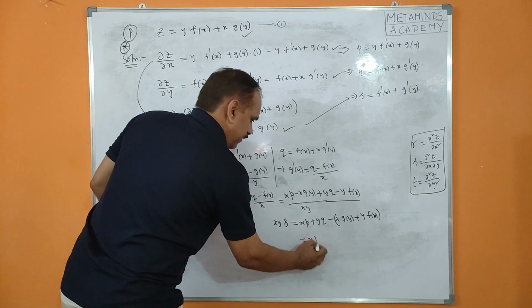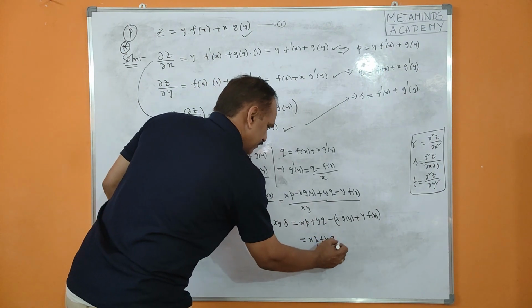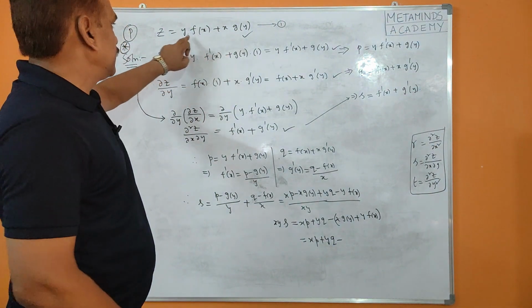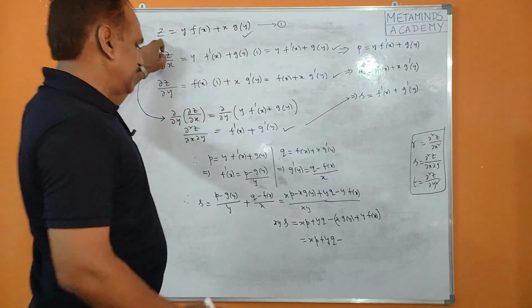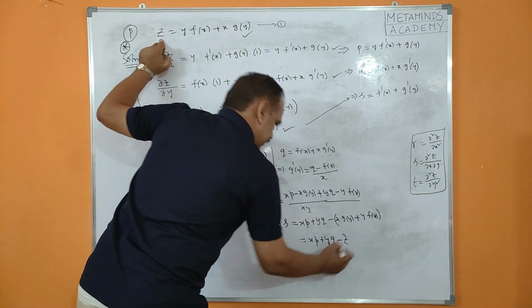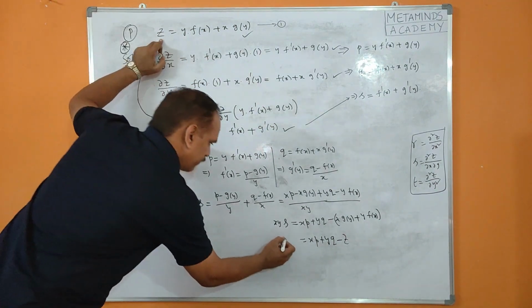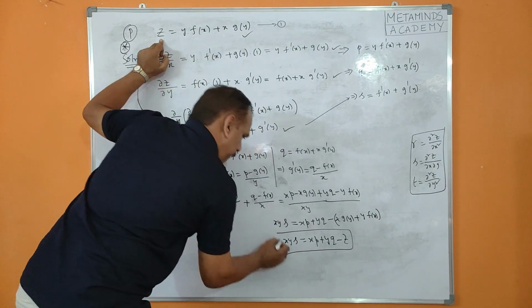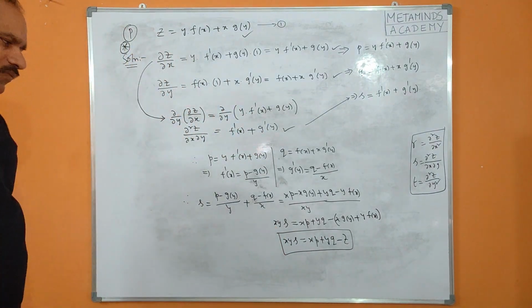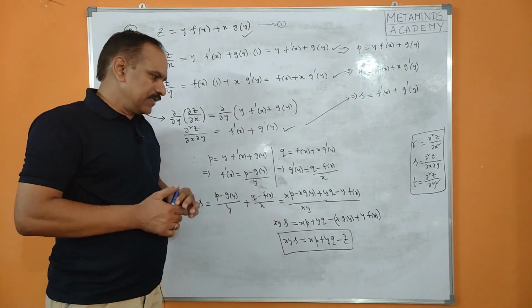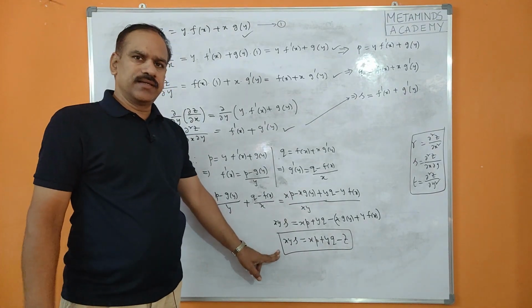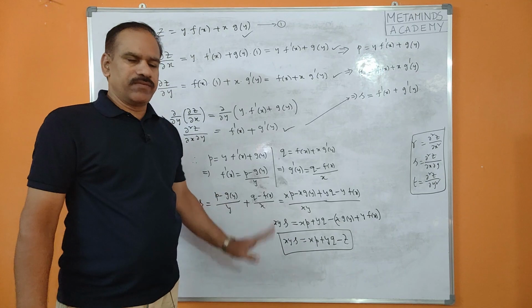So it is xp plus yq minus, and what is x into g of y plus y into f of x? It is z. So xys equal to xp plus yq minus z, right? So that is the required partial differential equation.